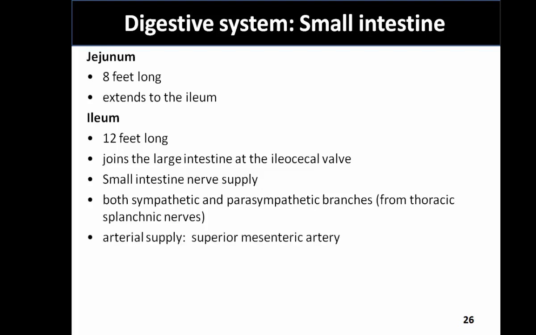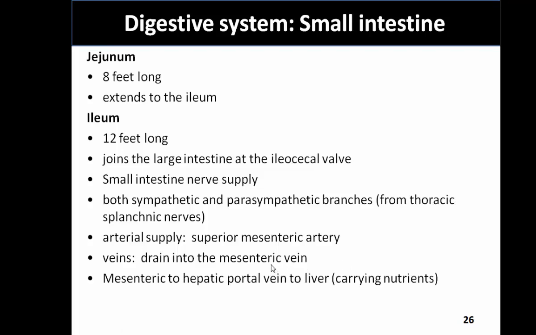The arterial supply to the small intestine arises from the superior mesenteric artery, and venous blood drains into the mesenteric vein. And then from the mesenteric vein it fuses into the hepatic portal vein, and the hepatic portal vein carries nutrients into the liver.